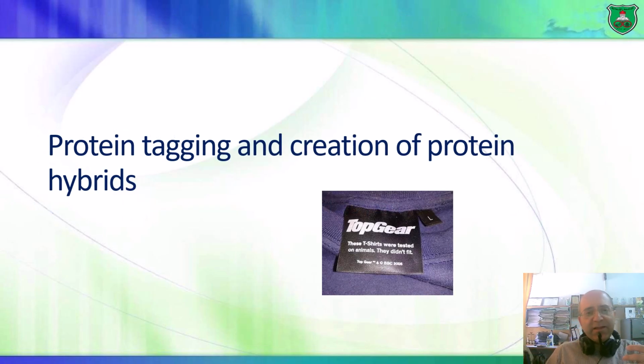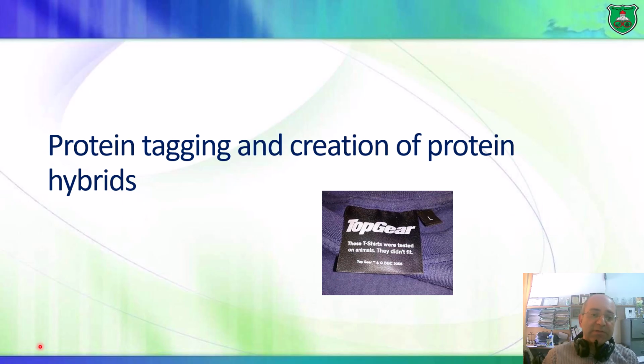So let's say that we express a protein in a bacterial cell or yeast or even human cells. The question is, how can we, one, identify this protein? Number two, how can we purify this protein? How can we isolate this protein from all of the other proteins? Well, one way by which we can do that is by tagging proteins. What we mean by protein tagging is that we add a tag, we add a label to proteins, just like having a label on t-shirts and shirts and whatever.